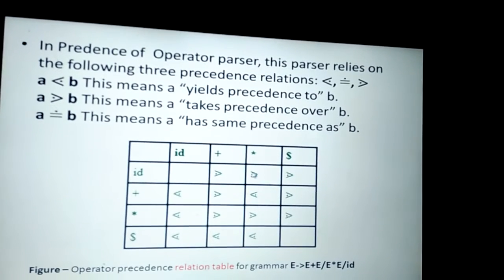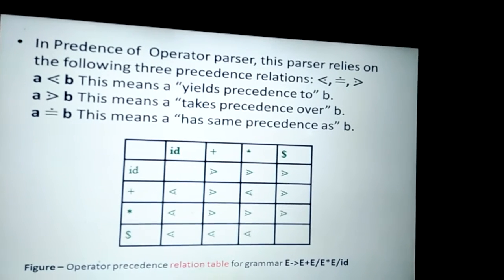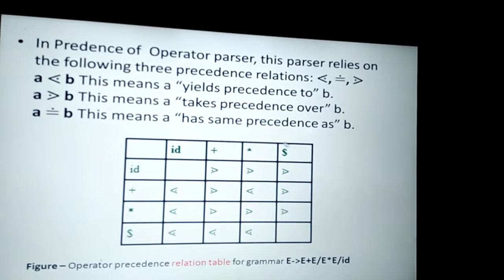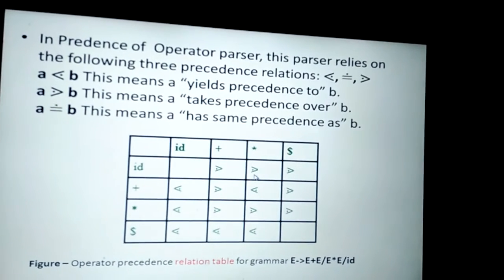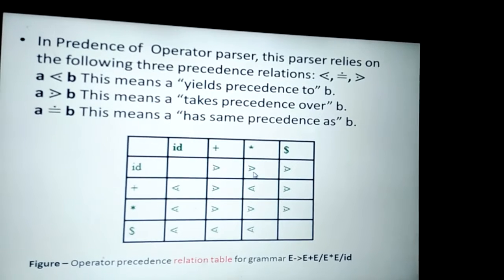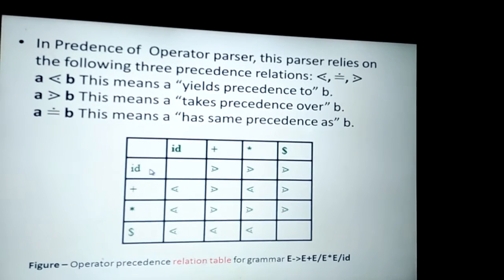And the identifier with any operator, of course naturally, as I said, identifiers are given the highest precedence whatever the operator may be. So the identifier is greater than multiplication, so it is the greater relation. First it is solved.